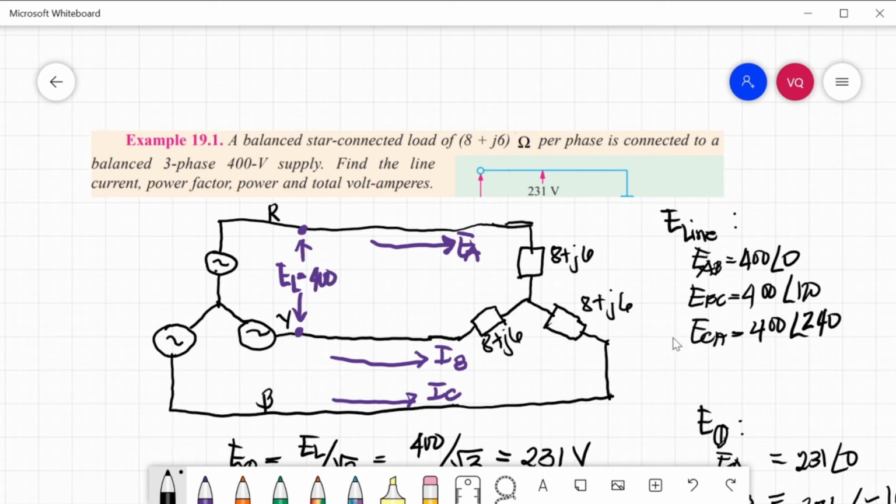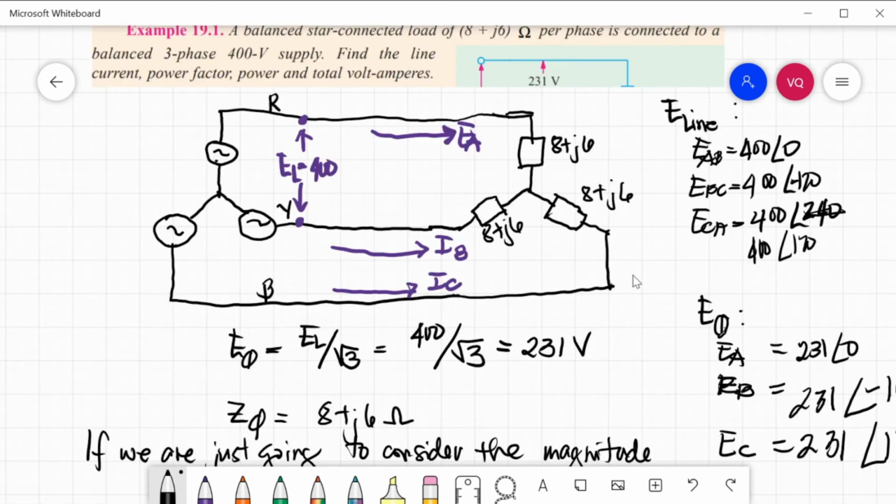So, line voltages: EAB is 400 angle 0, EBC is 400 angle negative 120, and ECA is 400 angle positive 120.